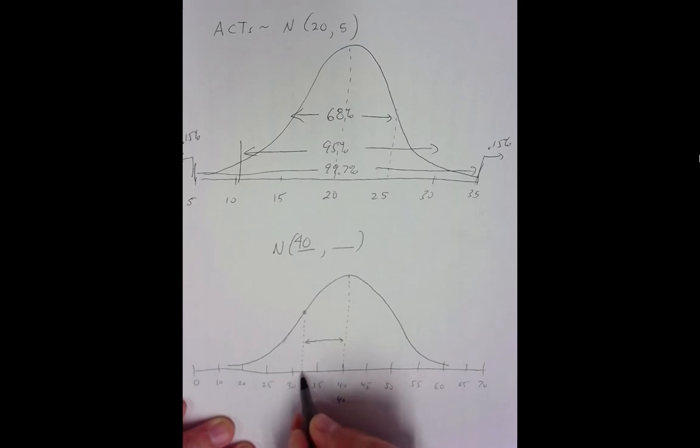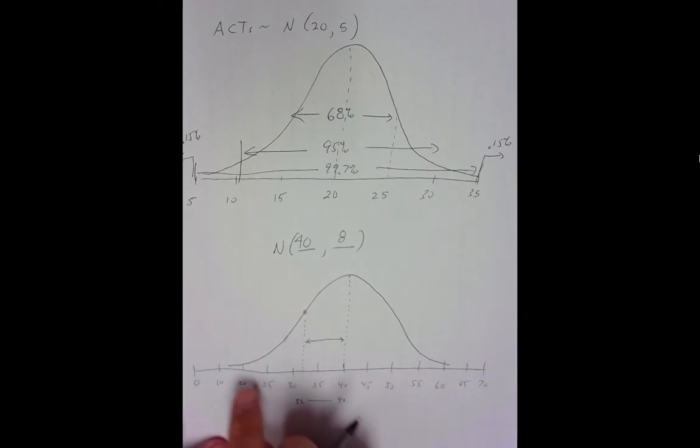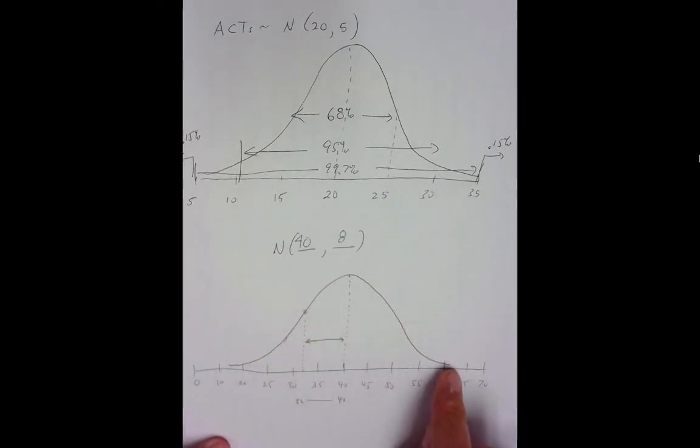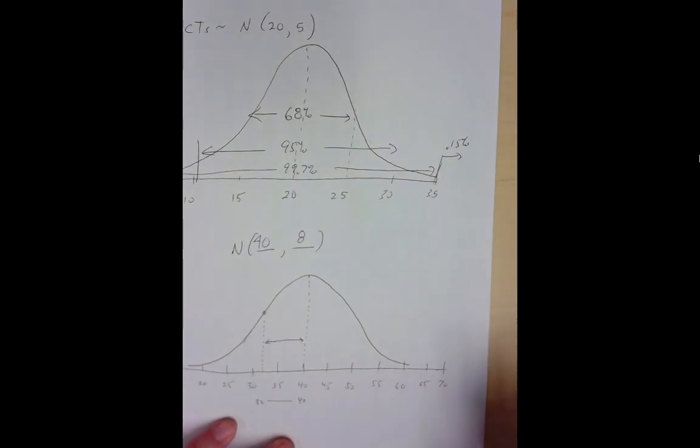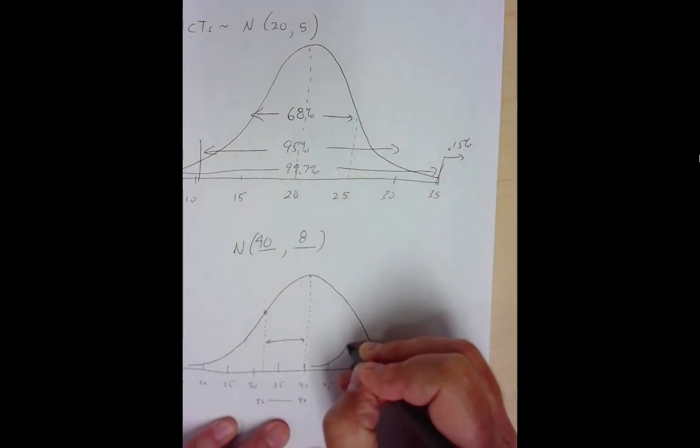This looks to be approximately, I don't know, 32? So the distance from 32 to 40 is 8, so the standard deviation will be roughly 8. Now, we get a lot better indication if this was drawn by technology, and this was drawn by me, which I did my best.